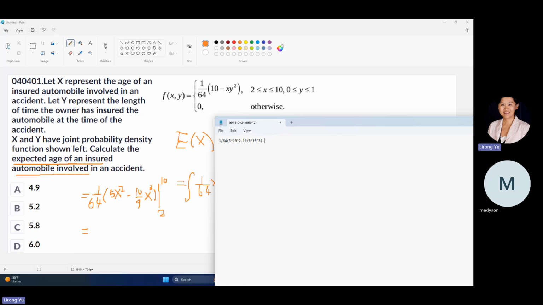That's the upper limit value. Lower limit is 1 over 64 times 5 times 2 squared minus 10 over 9 times 2 cubed.